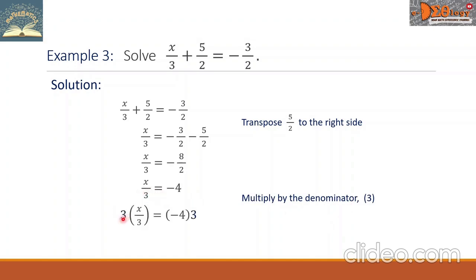So that means 3 times x over 3 equals the right side, negative 4 times 3. On the left side, we can cancel this 3 and the denominator 3. That means only x comes down on the left side equals the product negative 4 times 3 is negative 12. This is the solution.